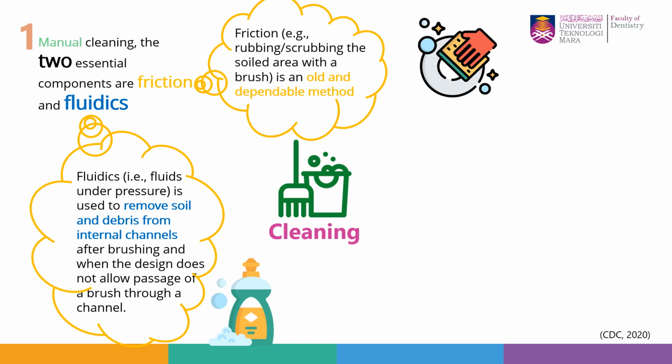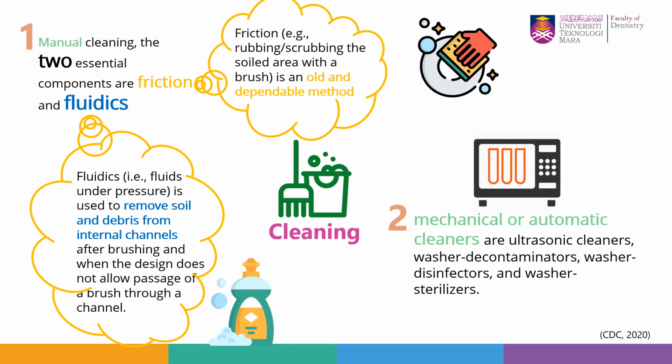So the second method of cleaning is mechanical or automatic cleaners. For example, we use ultrasonic cleaners, washer decontaminators, washer disinfectors, and washer sterilizers. All these are machines that help us in cleaning.